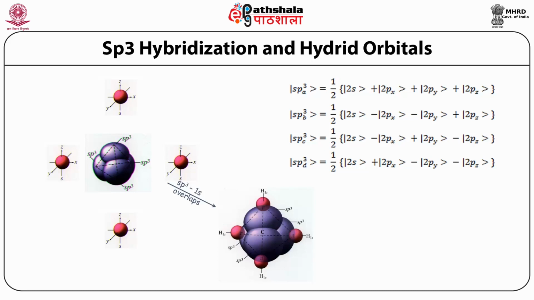In general, for sp(n) hybridization, n plus 1 electrons belonging to the carbon atom are occupied in the hybridized sigma orbital and 4 minus (n plus 1) electrons in the pi orbitals.